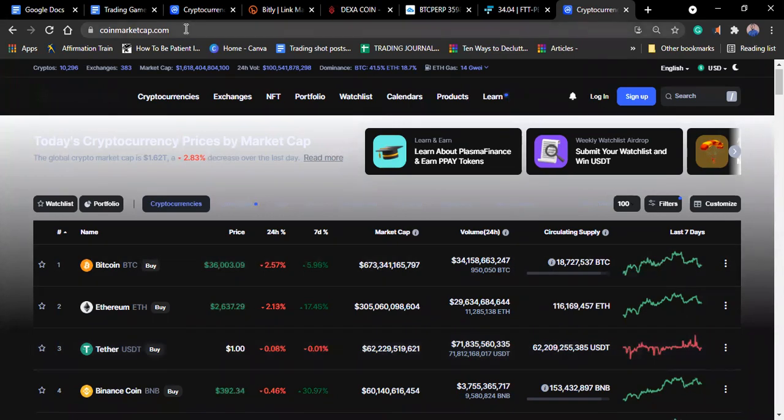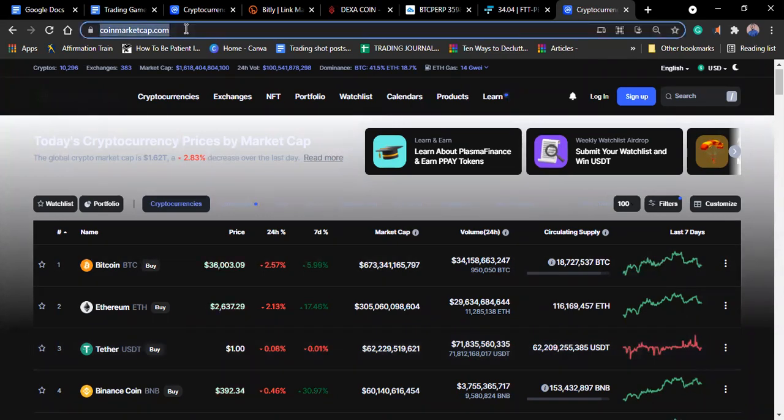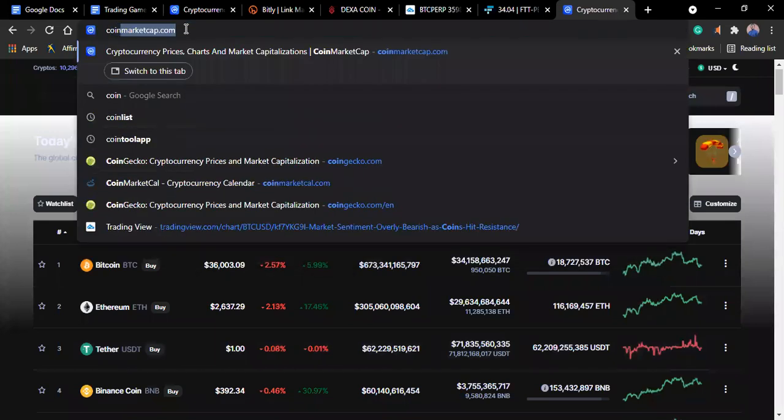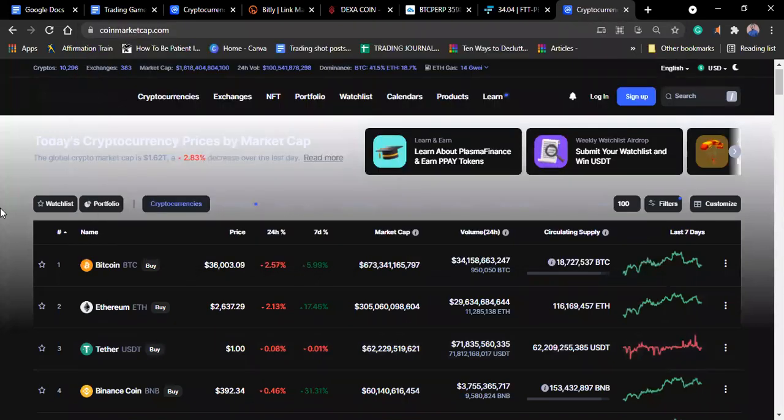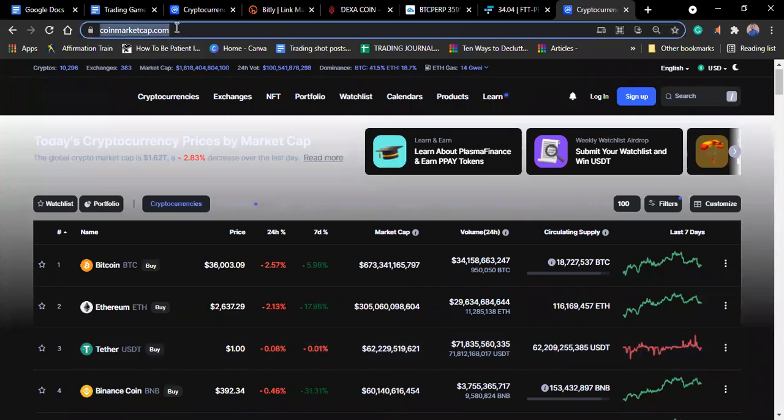Okay. So I said earlier that for CoinMarketCap, you come to coinmarketcap.com. Now, this website, you'll be needing it a lot in the course of your cryptocurrency journey. In fact, any serious person who is learning about cryptocurrencies checks CoinMarketCap at least once every day.